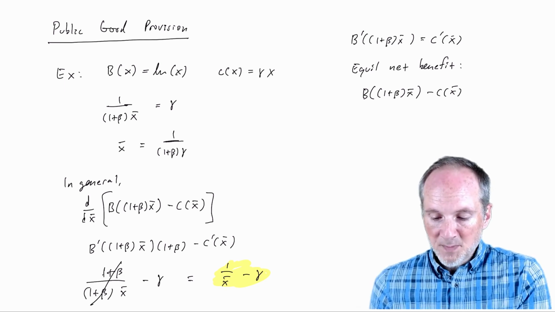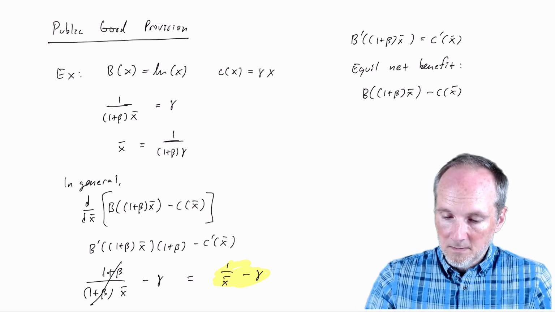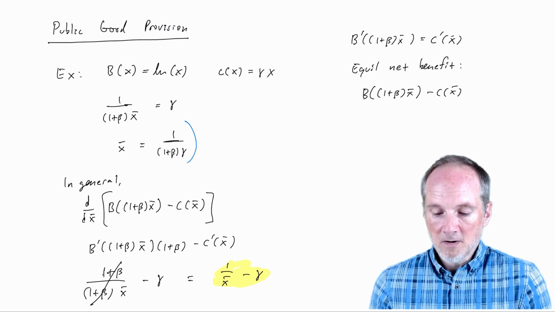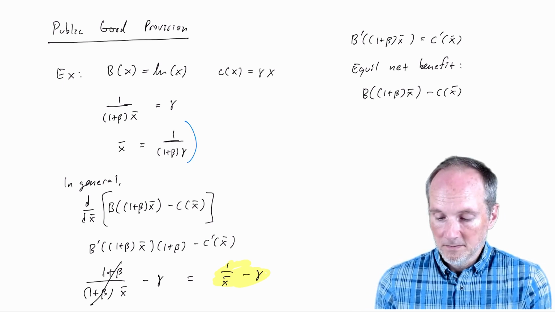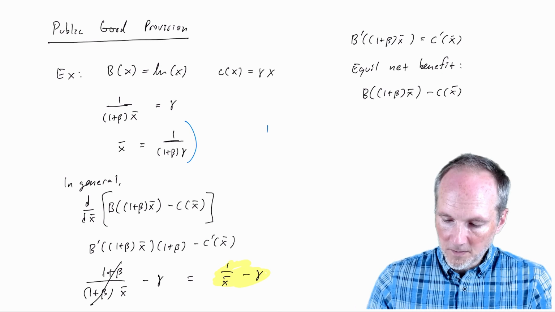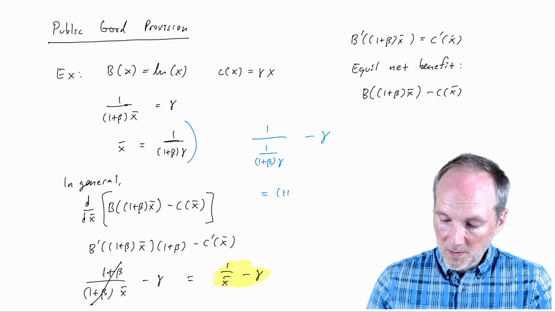I claim that that's positive, and you can just plug in our expression for x bar. We already solved for that equilibrium effort level. You can plug that into this derivative, so that's 1 over, but that's just 1 plus beta times gamma, minus gamma.